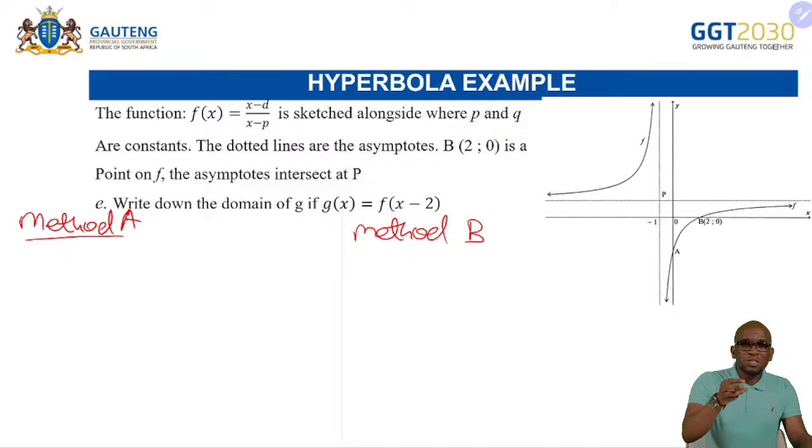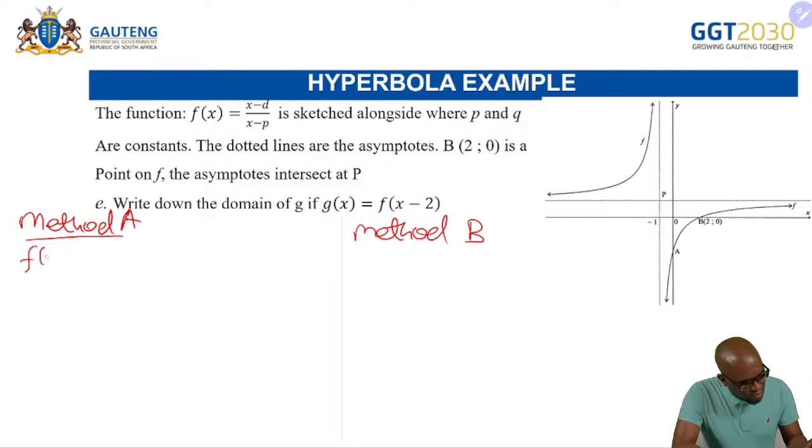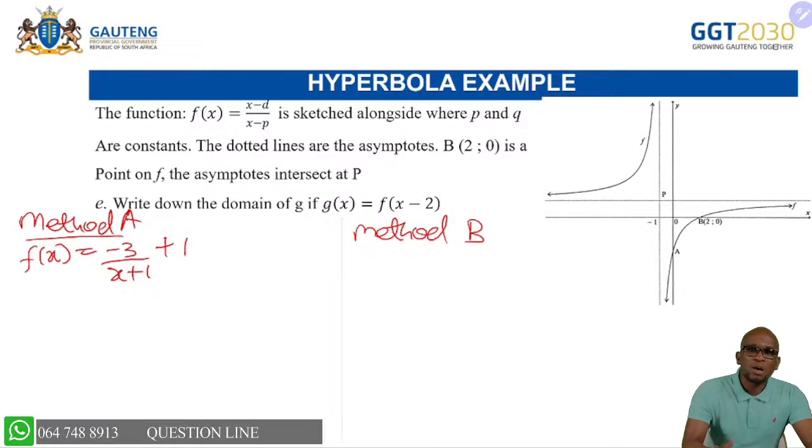Or you can use the transformation directly on the equation and write down the domain after forming a new equation for g. So let us look at the graph of f. The graph of f is given by f of x equals minus 3 over x plus 1, plus 1. That is our graph of f.